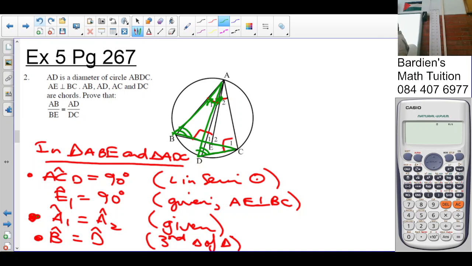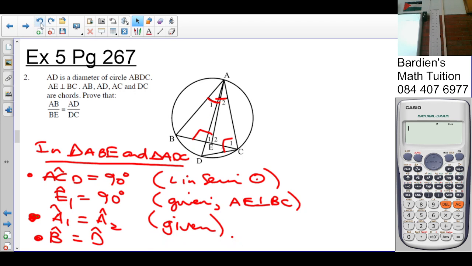Because this was sufficient information there to have concluded congruency without stating that. You understand? But it's linear.